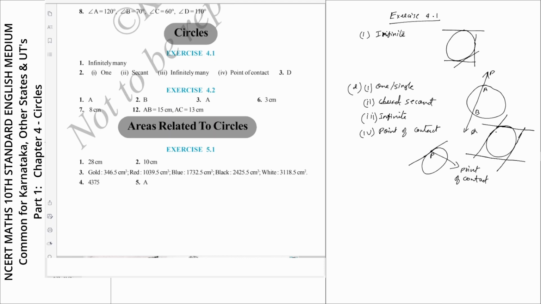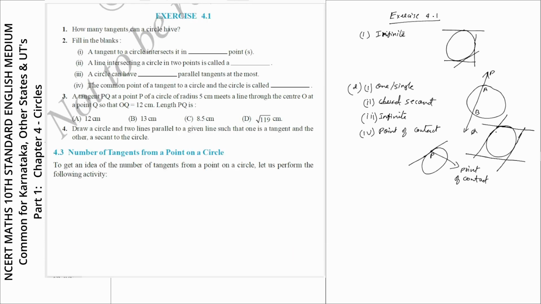Now we'll go to the next question, number 3. A tangent PQ at a point P of a circle of radius 5 cm meets the line through the center O at a point Q, so that OQ is equal to 12 cm. The length PQ is? I'll draw the diagram.